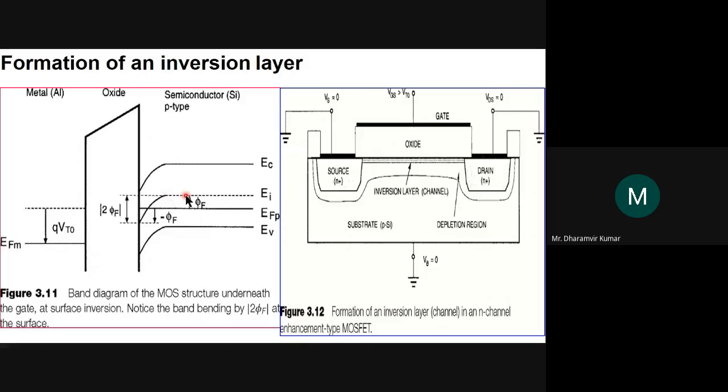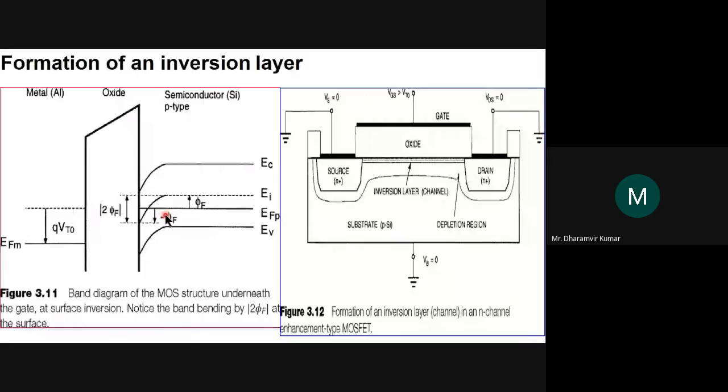The internal Fermi level was above the Fermi level of the p-type substrate by an amount phi f. When we apply a positive voltage at the gate terminal, it goes down, and when it goes down by the same magnitude, phi f, we call that the inversion condition, the inversion layer has been created.